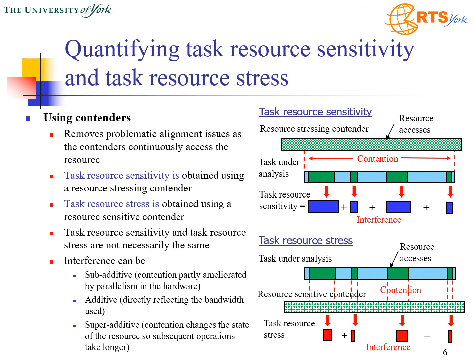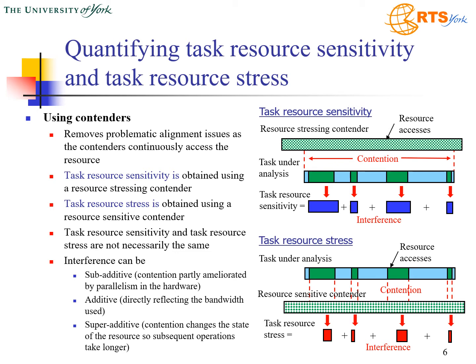So how do we go about quantifying task resource sensitivity and task resource stress? Well, as I just hinted at, we do this by using contenders. By using the resource stressing and resource sensitive contenders, this removes the problematic alignment issues, as these contenders continuously access the resource.